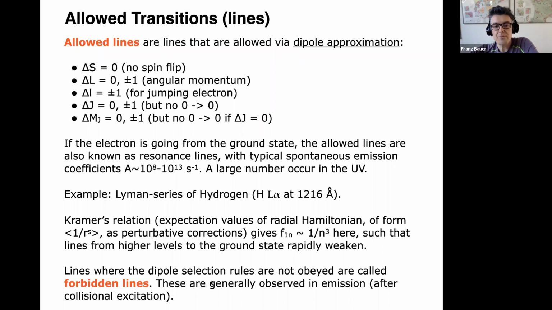These are generally observed in emission, not so much in absorption, and typically after collisional excitation. You need some other process to fill the upper levels, and then you'll see the forbidden lines from those processes.